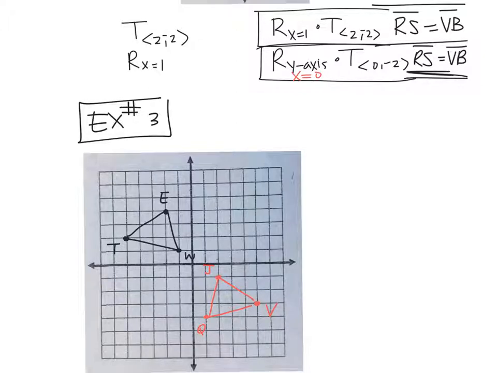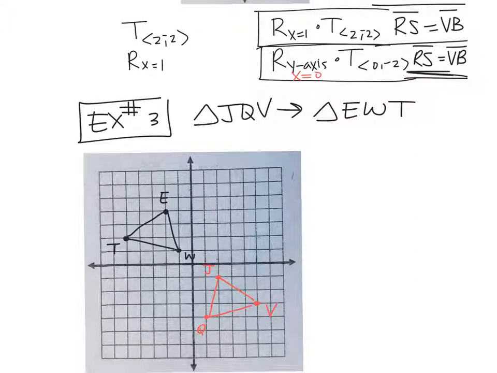Okay, now for this one, let's say I tell you that triangle JQV maps onto triangle EWT. Okay, so JQV maps onto EWT, and I want to know a rule for that.